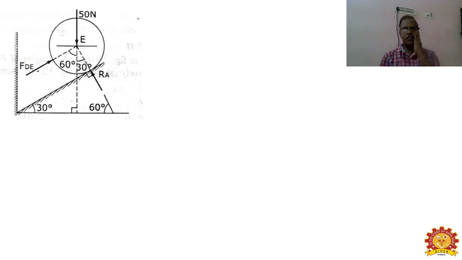Okay, now let us see this example. If you take cylinder 2, the free body diagram is given on the screen. Now, the angle with respect to the slope is given as 30.